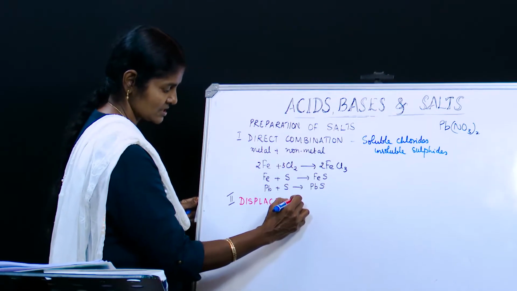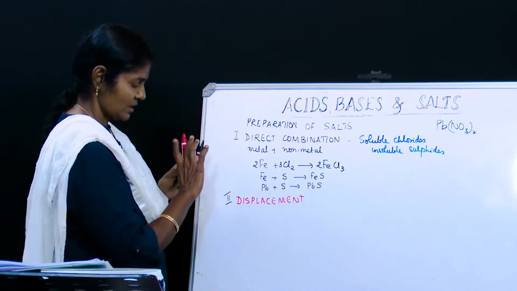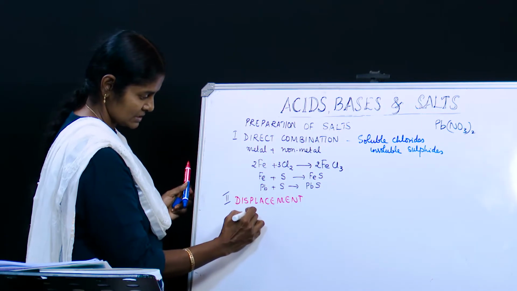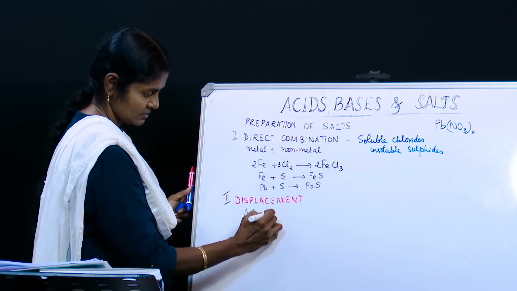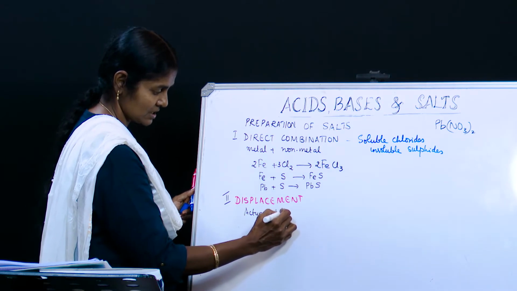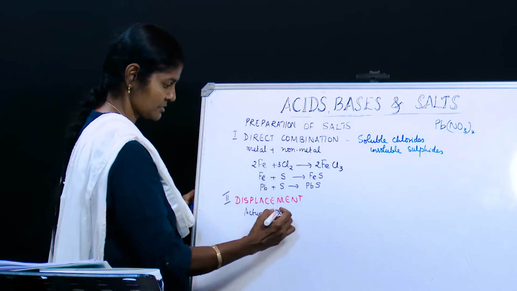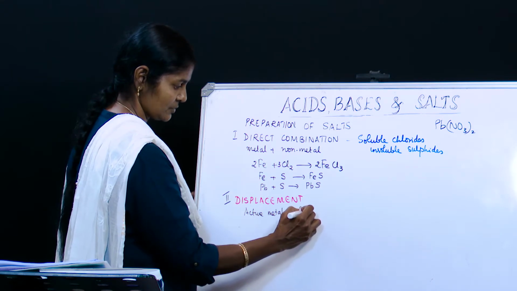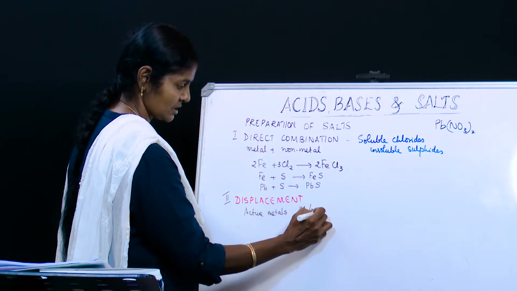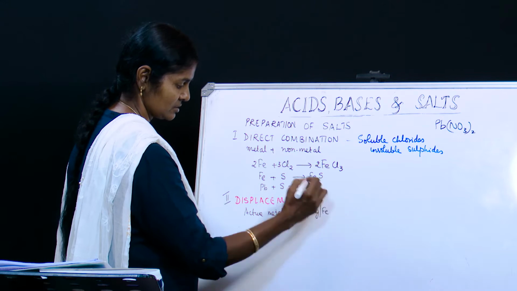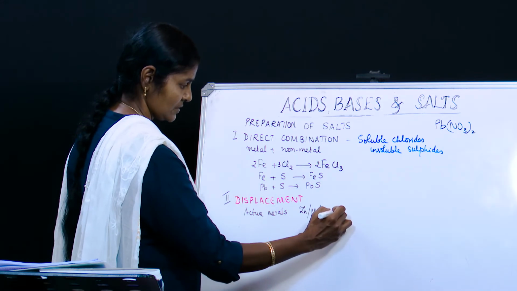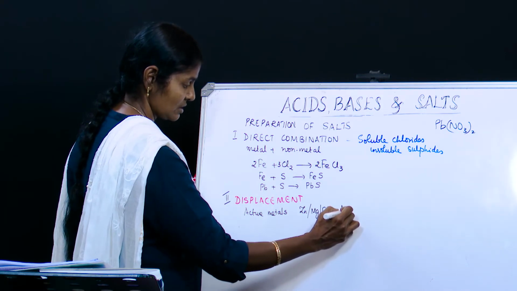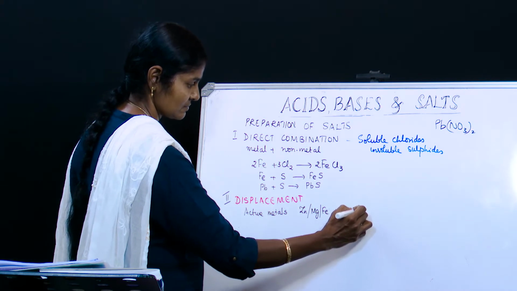So in displacement, what happens? We have active metals, meaning metals above hydrogen in the reactivity series, like zinc or magnesium or iron. This reacts with dilute acid.